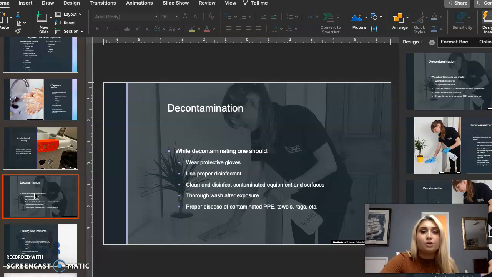Even if they weren't used, it's just to ensure the safety of your next patient, others around you, and yourself. You should be thoroughly washing after exposure, even if you may not have been exposed, even if you maybe didn't do anything but talk to the patient.